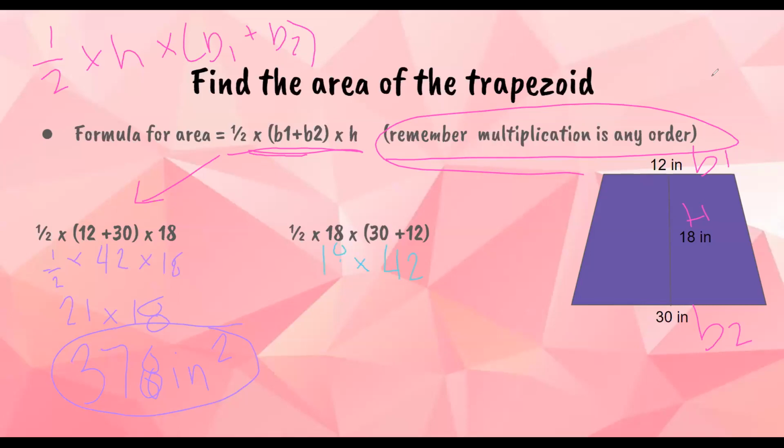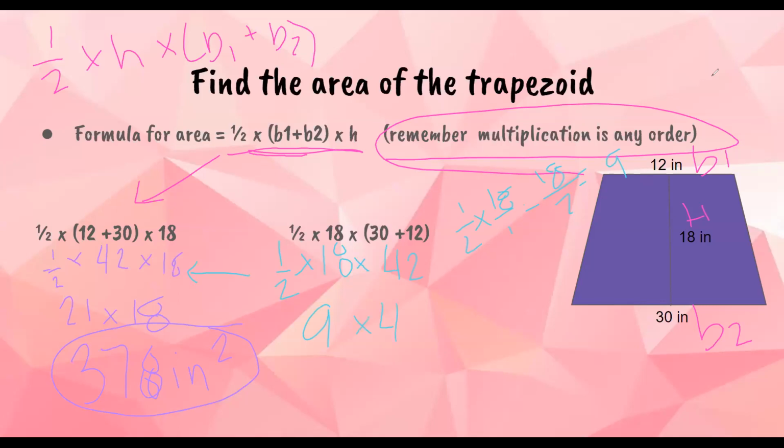So now I have 1/2 times 18 times 42. So that was the same thing as over here, just the 18 and the 42 have swapped. So I'm going to do 18 times 1/2. So again, 1/2 times 18. I can make it a whole by putting a 1. So I get 18 over 2. If I divide that, it would be 9. Or just think of 18 divided by 2 is 9.